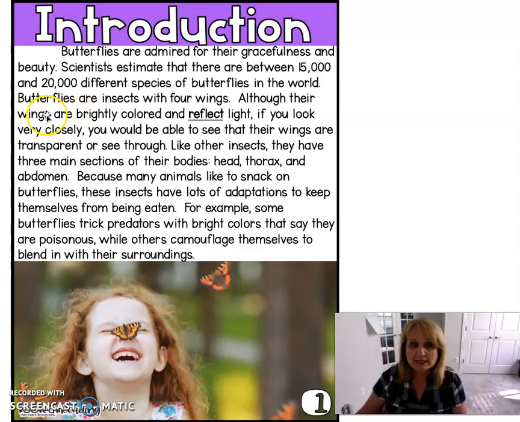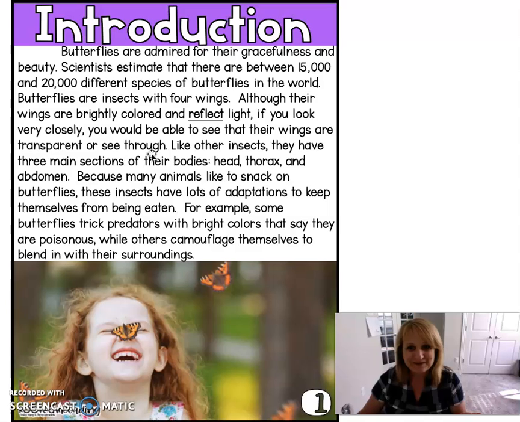Although their wings are brightly colored and reflect light, that means the light bounces off of their wings. If the sun shines on their wings, the light bounces off of it. If you look very closely, you would be able to see that their wings are transparent or see-through.